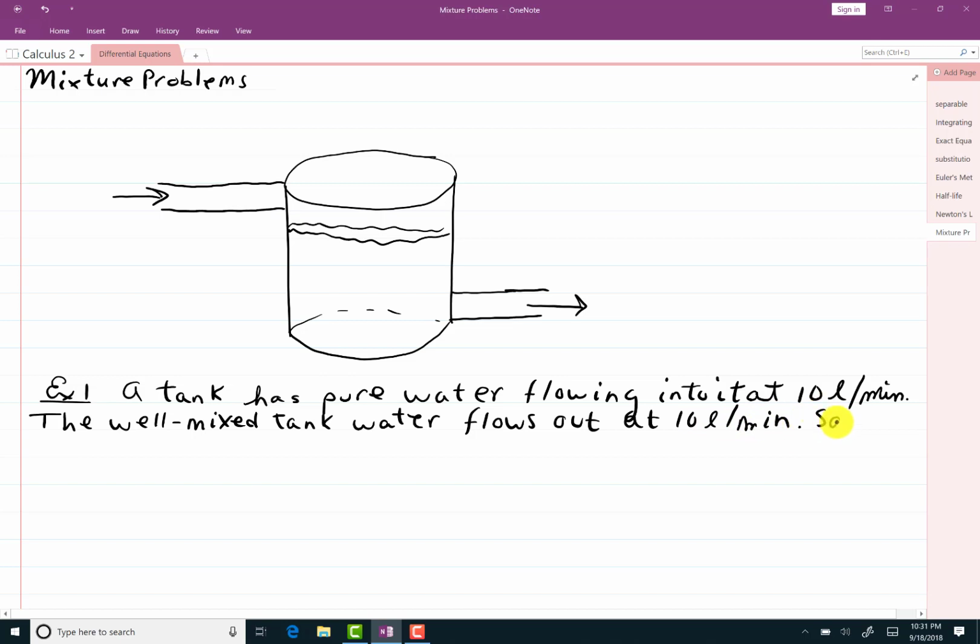Salt is added to the tank at 0.1 kilograms per minute.